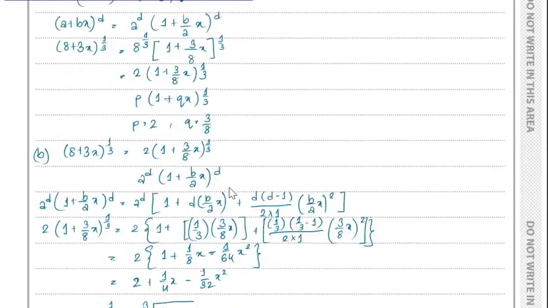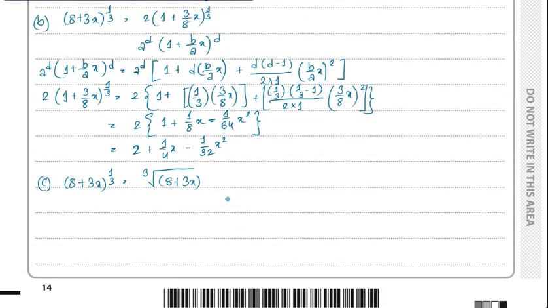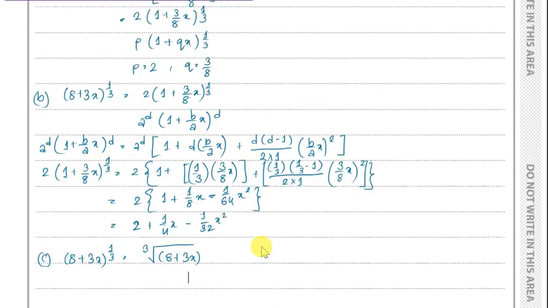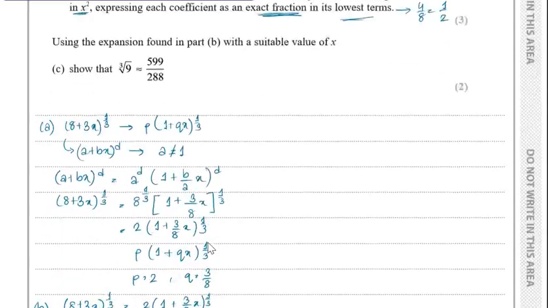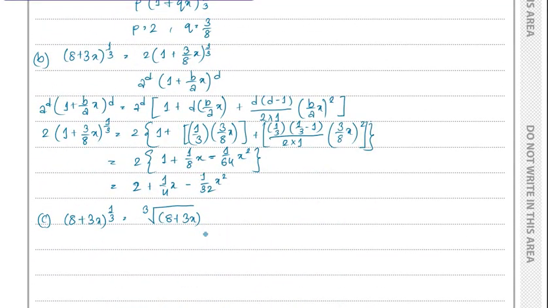And then we need to find the value of x and put that value of x in this expansion that we just got from part B. And we need to get this value, 599 divided by 288.